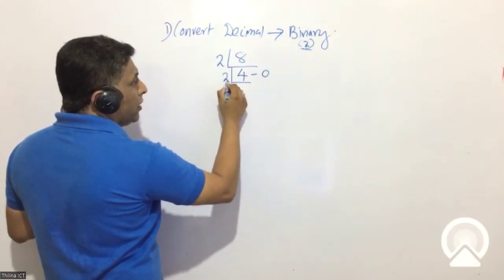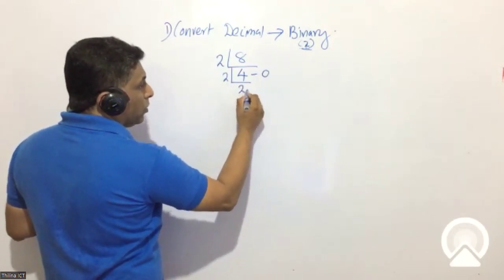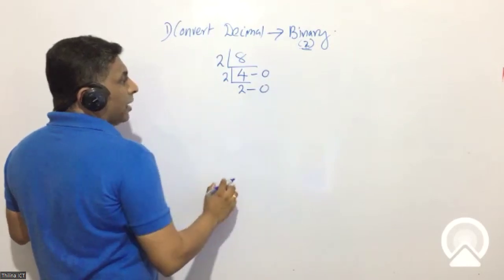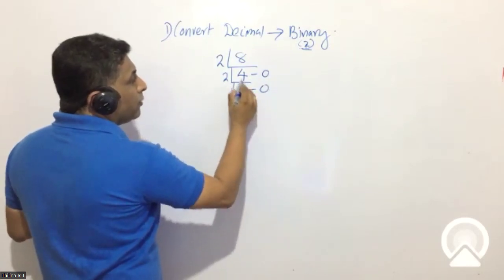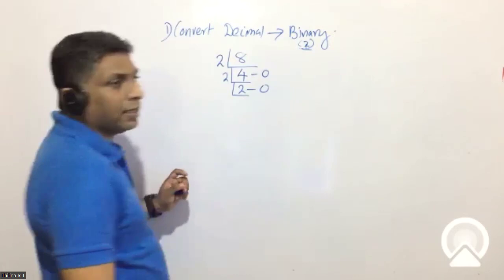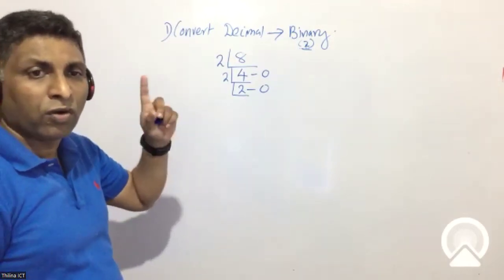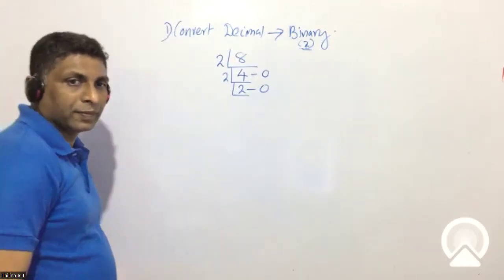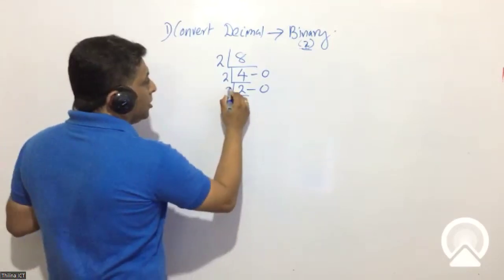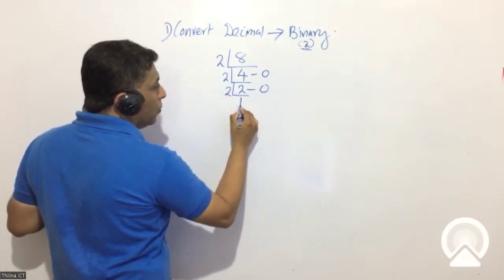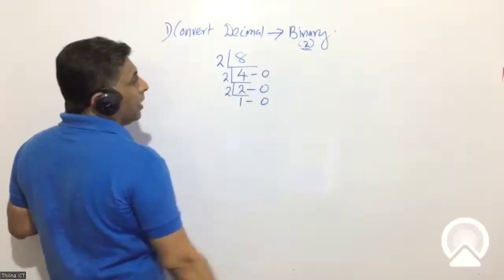Here, 4 divided by 2 is 2, exactly divided again. So we need to perform successive division until you arrive at 0 or 1. Here, 2 divided by 2 is 1, and the remainder 0.